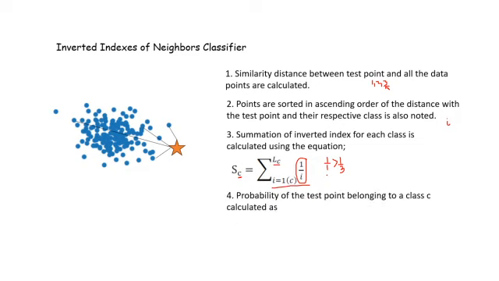Now we calculate the probability of the test point belonging to the class C as P(x given C) equals Sc by S. Sc you get from here, and this is how you get S. N is the total number of points. Just remember this, LC is the total number of points belonging to a particular class C, whereas N is the total number of data points irrespective of the class, and i, as I said, is the order of the data after sorting.